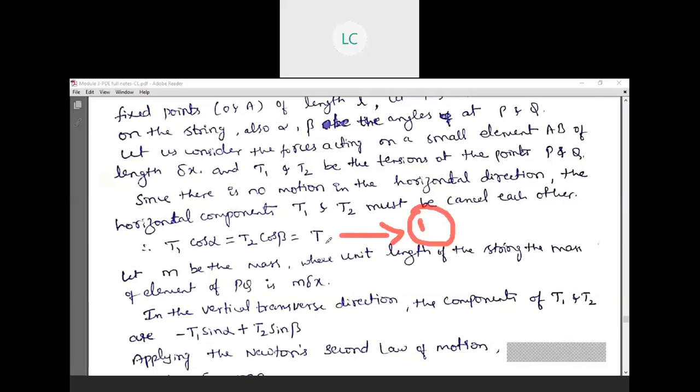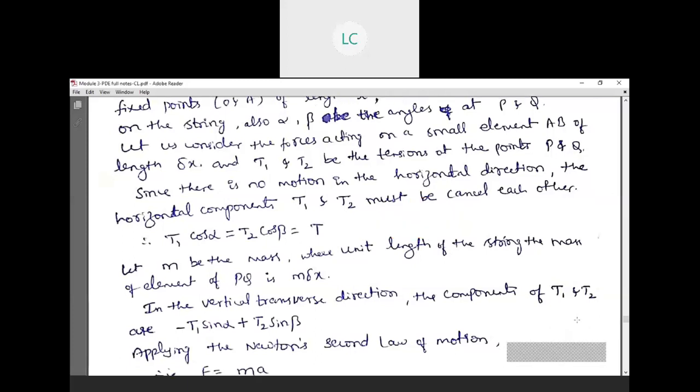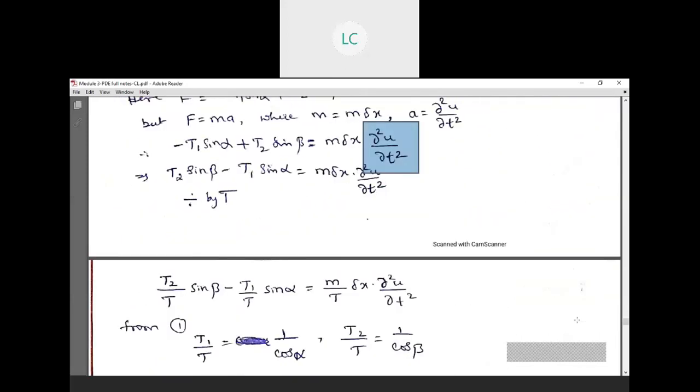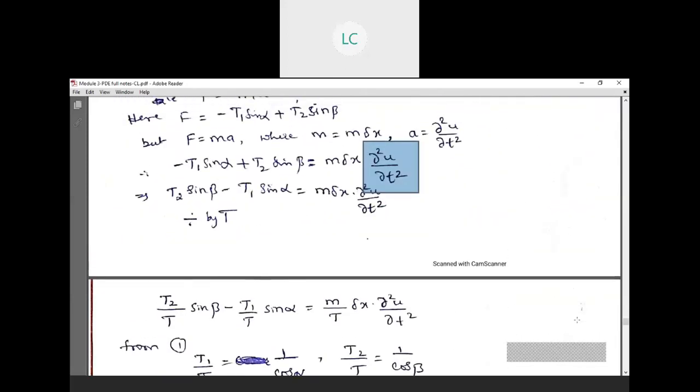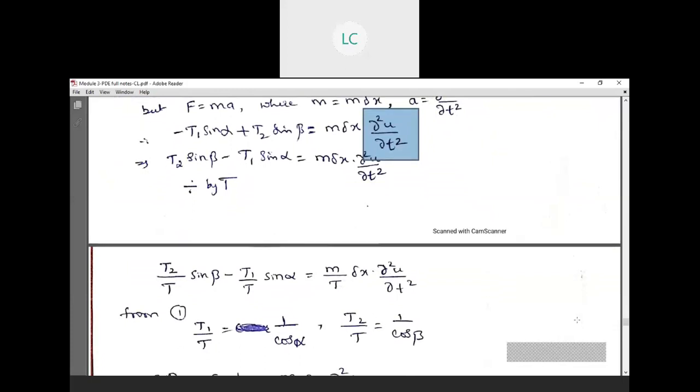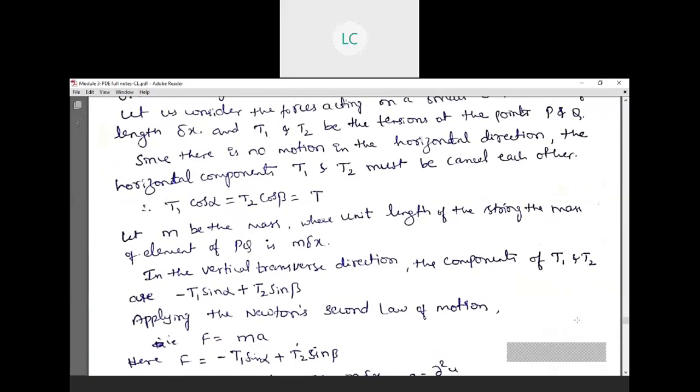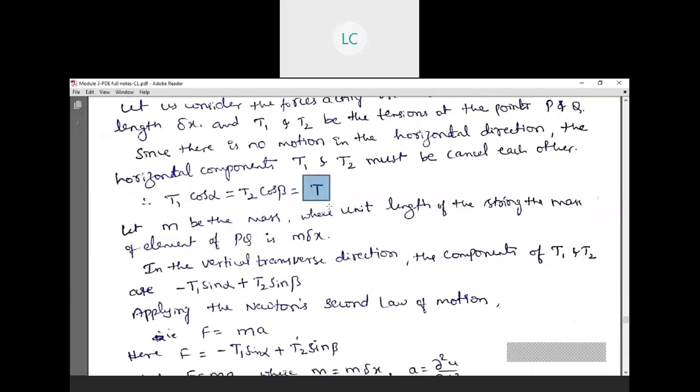T by T1 is cos alpha, so we need T1 by T, right? T1 by T gives us 1 by cos alpha, and T2 by T gives us 1 by cos beta.